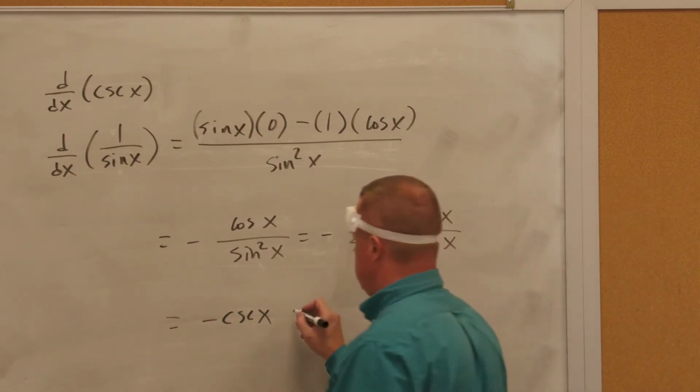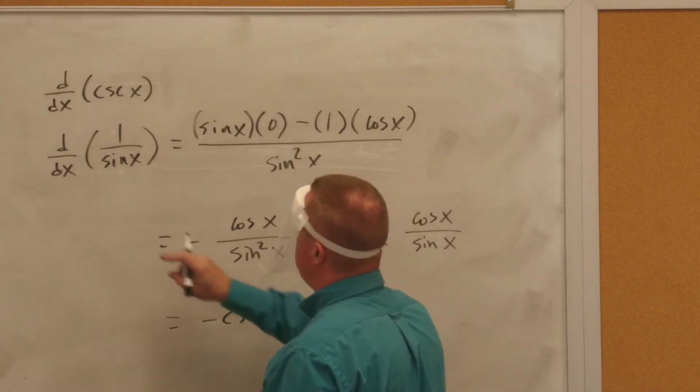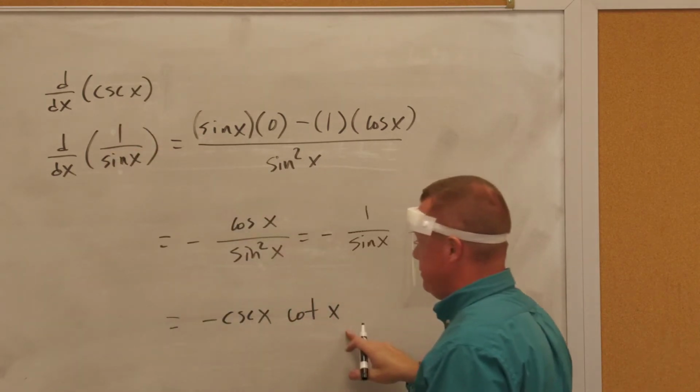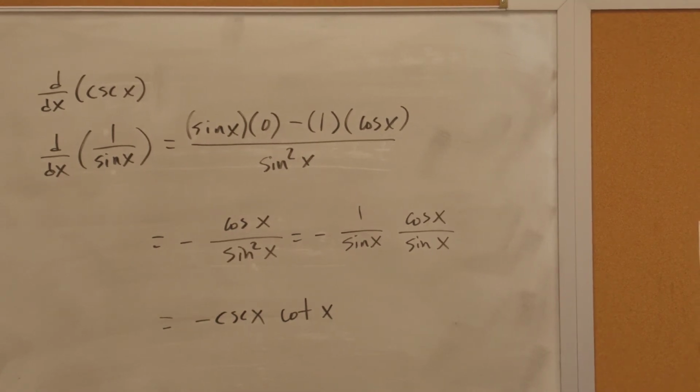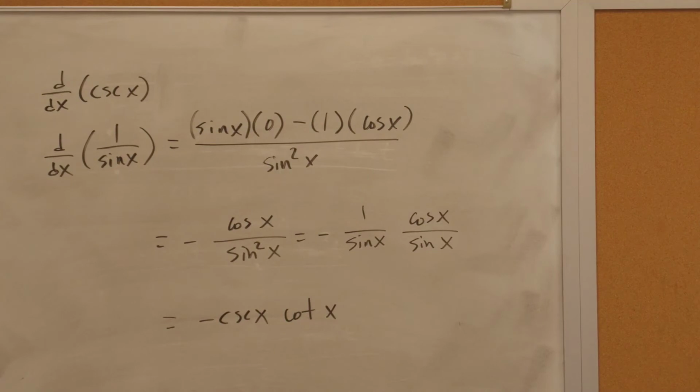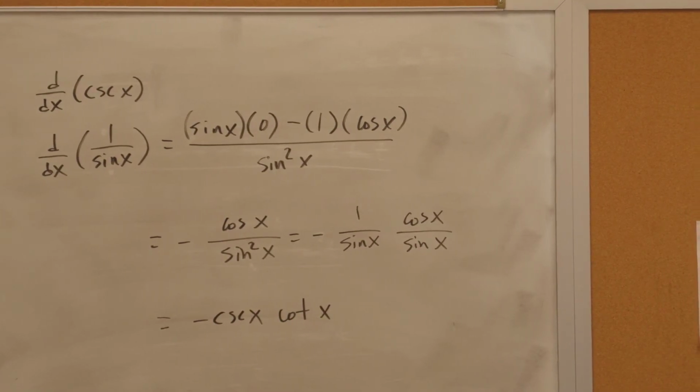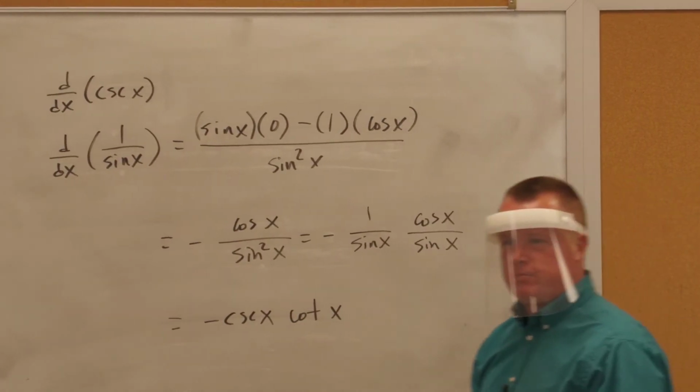Cotangent. So I've got the derivative of cosecant to be negative cosecant times cotangent, okay? Just by using the quotient rule. All right, any questions about that? So we still had to know the derivative of sine, but we could get the others there. It's better if you memorize them, though. You don't want to do that every time to figure out the other one.